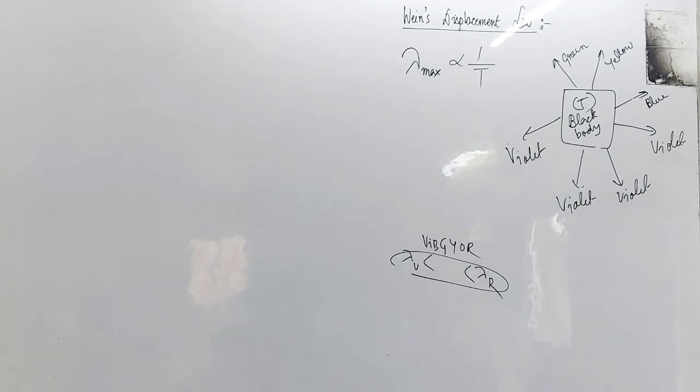Understand that? The maximum number of radiations produced will be in the wavelength range of violet, and this is inversely proportional to temperature. Or in simpler language, the wavelength of the maximum radiation produced is inversely proportional to the temperature.